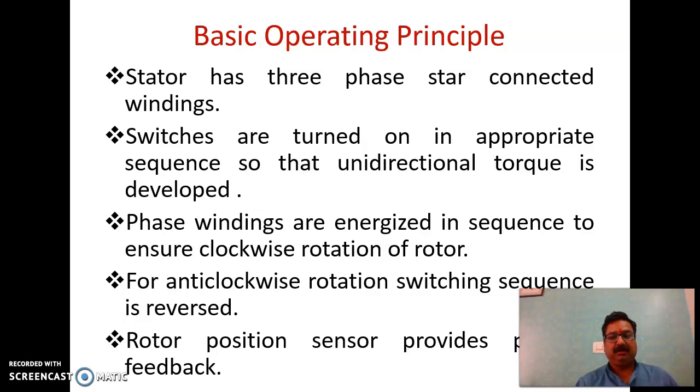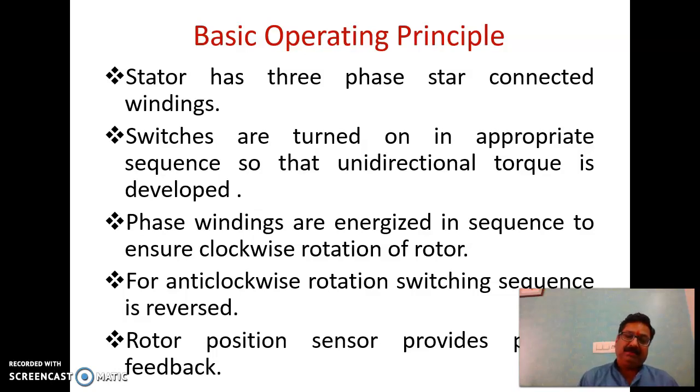Whatever the torque developed or the direction of torque, it will be determined by the appropriate sequence of the switches. So appropriate sequencing is mandatory for obtaining unidirectional operation, which is ensured by the unidirectional torque development. So for the development of unidirectional torque, appropriate sequencing is mandatory.